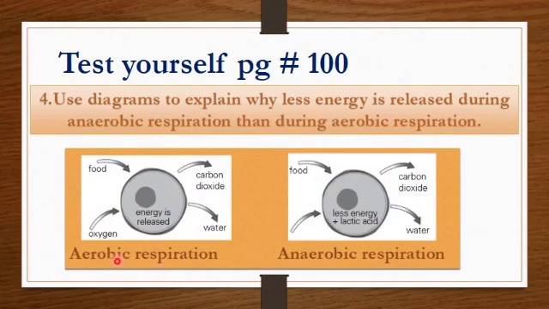Yes, here you can see in aerobic respiration, food that you take like carbohydrates and fats are digested and changed into smaller components, glucose, and then the oxygen you breathe is used in the cell inside the mitochondria. Energy is given out, and that is a lot of energy. In aerobic respiration, carbon dioxide and water are produced. But in anaerobic respiration, the food is the same, that is glucose, a digested product of carbohydrates and fats.